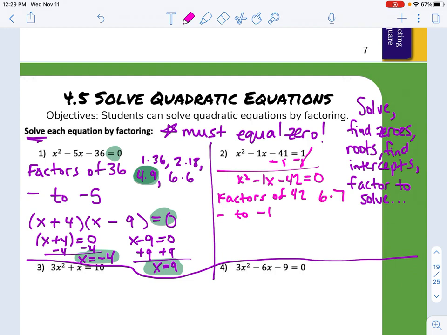I know 6 and 7 are factors of 42. If they need to subtract to -1, we'll have x minus 7 and x plus 6. Now I have the right side equal to 0, so I just equal that to 0. And now I go ahead and solve for each of these separately.